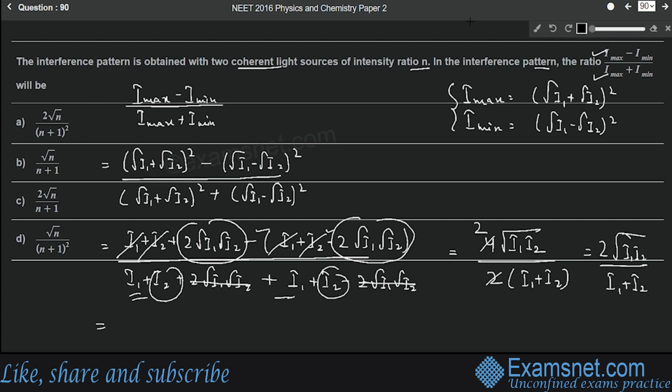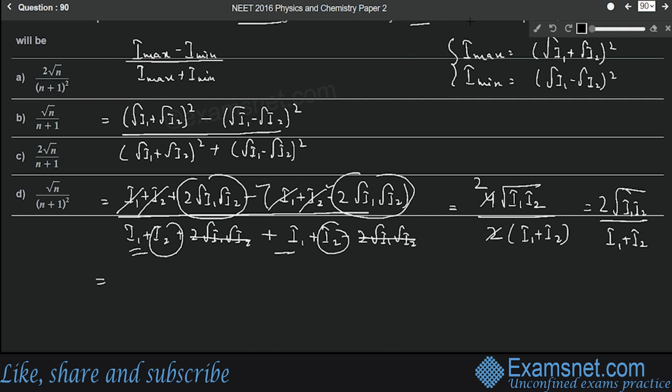But this is not the answer because the answer is in terms of n. So we have to find the answer in terms of n, and it is given that I1 by I2, that is the ratio of intensities, is equal to n.